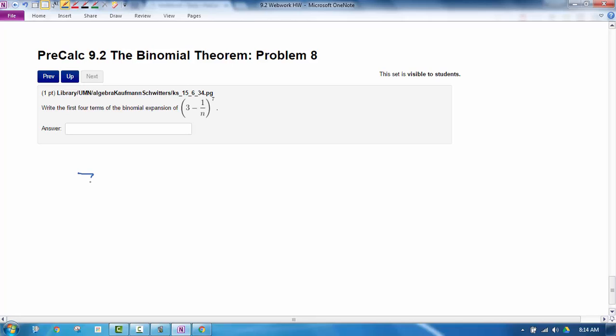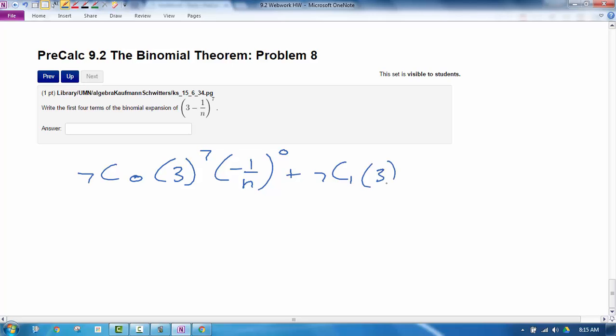Okay, the last problem wants to write out the first 4 terms. So we have 7c0, you can start with 7c0 or 7c7, doesn't matter. I've been starting with 7c0, and then this to the highest power, and then the other one to the lowest power. And it wants the first 4 terms, so we have to follow that pattern. 7c1 now, 3 to the 6th power, negative 1 over n to the first.